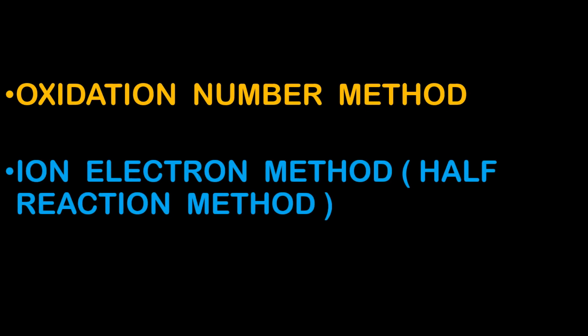In this video, we will be understanding the first method, that is the oxidation number method. From the name itself, you might have understood that in this method we are going to make use of the oxidation number of each atom to balance a chemical equation.